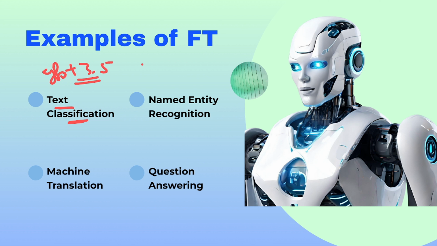But what you can do is have a data set of, let's suppose, 500 different news articles, and you classify them: this one is positive and this one is negative, and you create a data set. Then you fine tune GPT 3.5 turbo. Now GPT 3.5 turbo will be able to understand and classify the sentiment of that news, whether it is positive or negative. Then it can answer for millions of news articles.